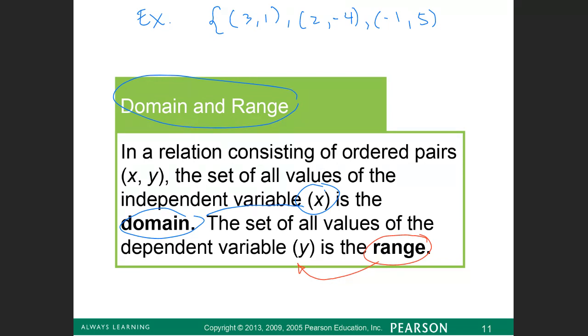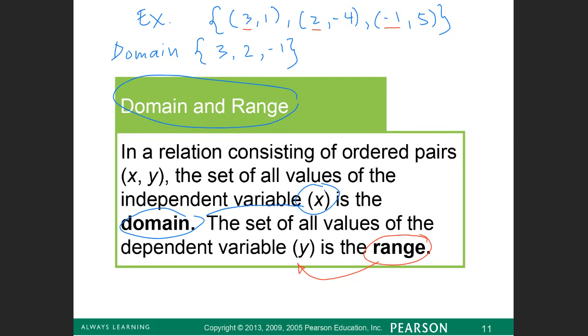Here, we're just listing all the values for x. So for the domain, you're looking at 3, 2, and -1. You just put that in a solution set and write 3, comma 2, comma -1. Or you can put this in order, it doesn't matter.